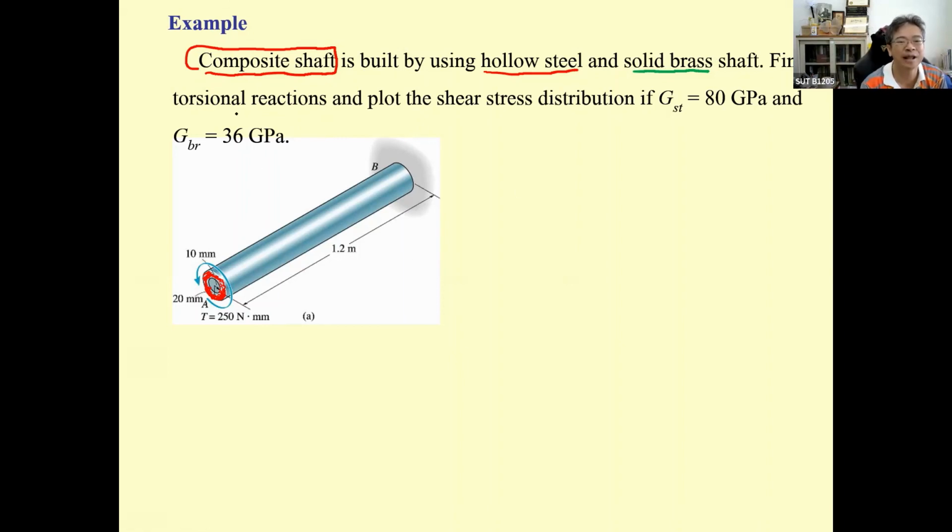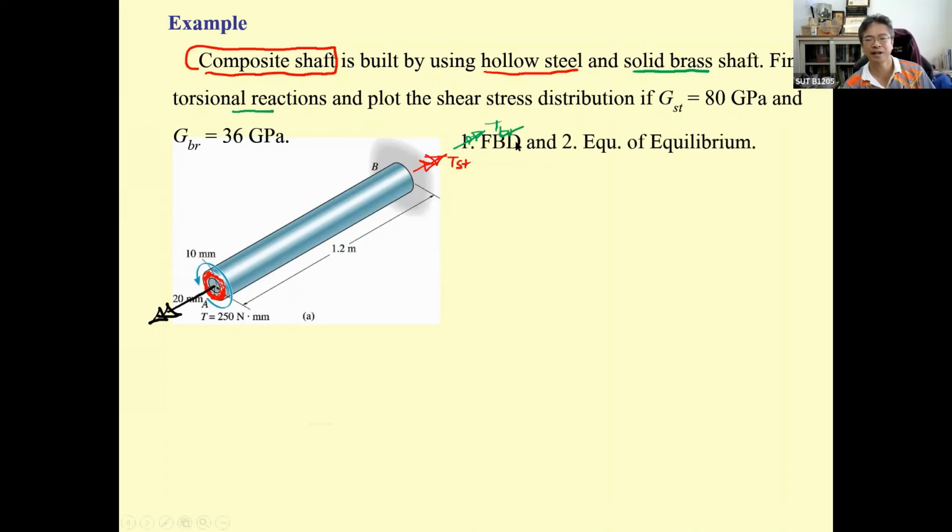The torsional reaction. By doing this, you may see the 250 Newton meter. If you put your hand like this, you can see this is going to produce the 250 Newton meter in this direction. So at this portion, you will have one torque for the steel and another for the brass, T sub BR.